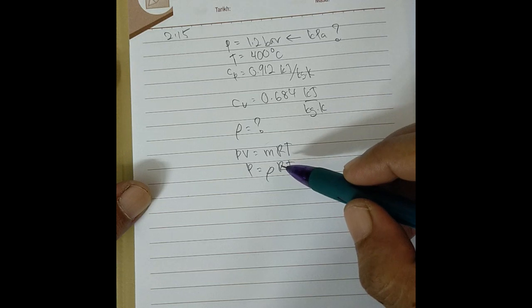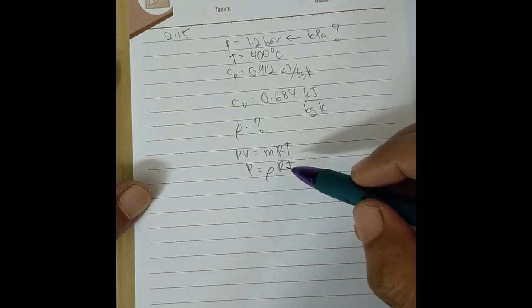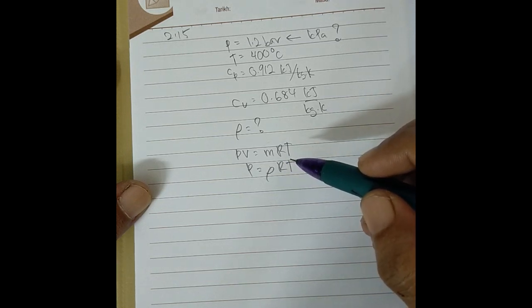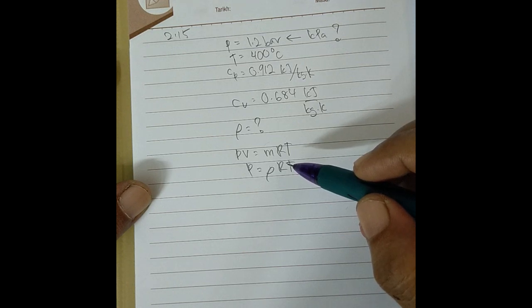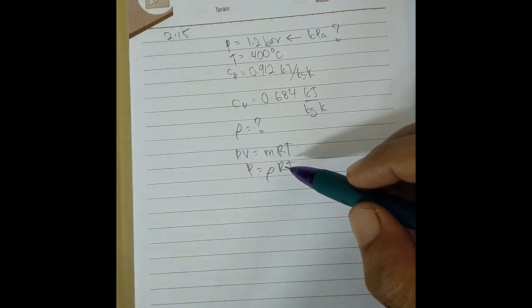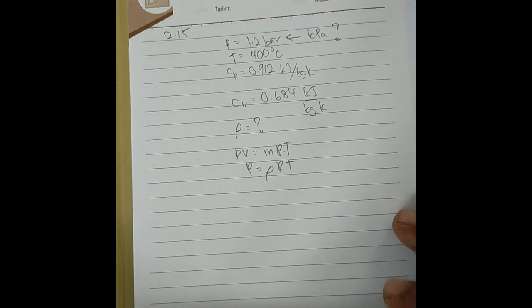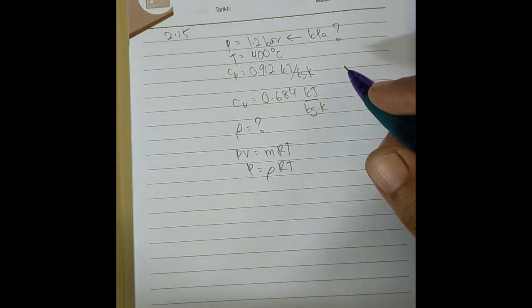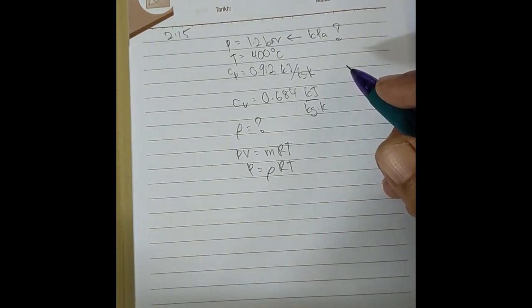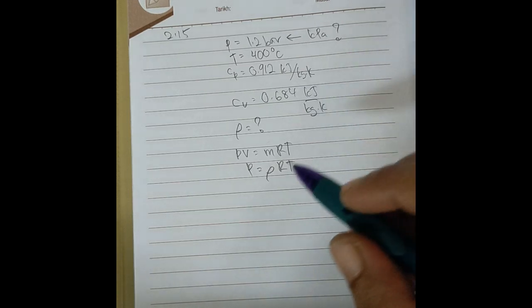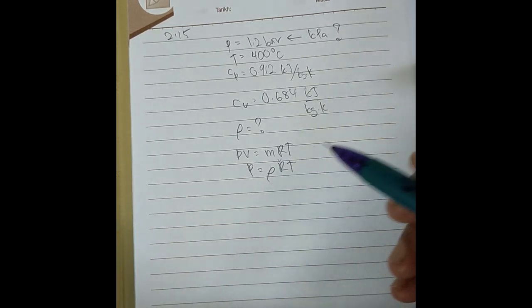Okay, so we don't know yet the value of the gas constant, because normally we assume the gas constant R is 0.2870, but that is for air. So here, as we don't know what the exhaust gas is, we need to determine the value of R.